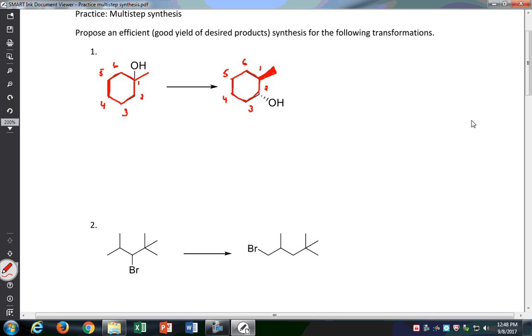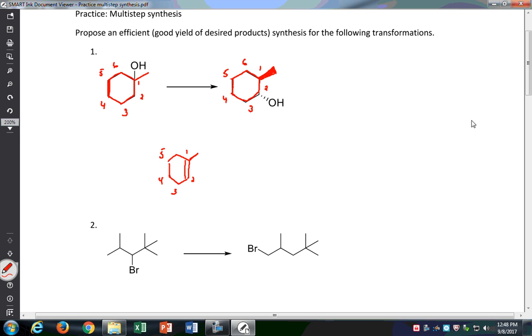The main way we can get a functional group on carbon 2 is through an elimination, where we have a pi bond between carbon 1 and carbon 2. And we know we have a route to do that. Once we do have a pi bond there, we have functionality on carbon 2, and then we can do an addition reaction to get to our final product.